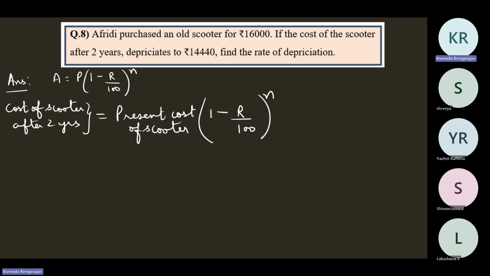So present cost of the scooter, principal. Cost of the scooter after 2 years, that'll be the amount. And because it's the rate of depreciation, the value goes down. It is 1 minus R by 100 to the power N. Substitute the values given.